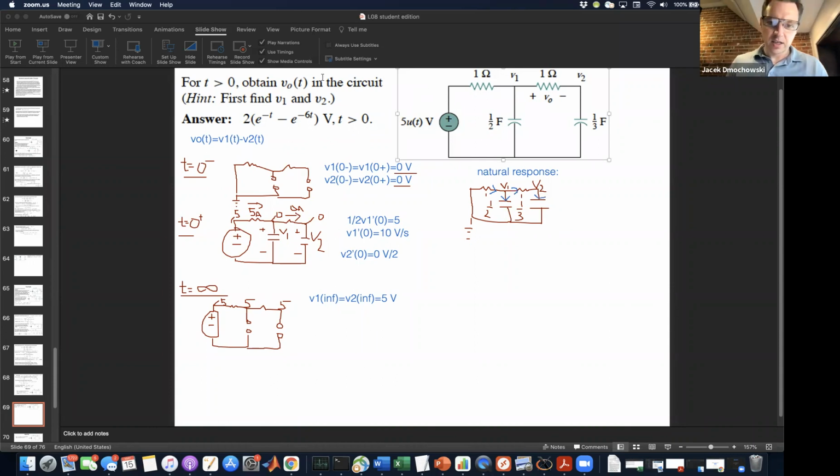Okay, and KCL at node 1 is minus V1 over 1 is equal to 1/2 V1 prime plus V1 minus V2. This is the current flowing down the first capacitor, and this is the current flowing between here and here.